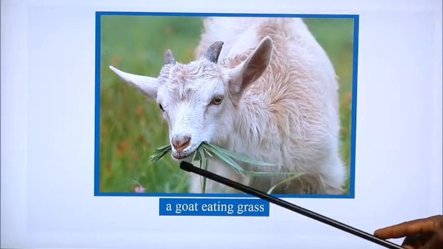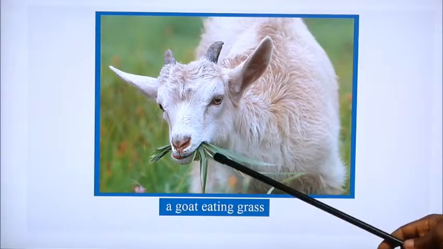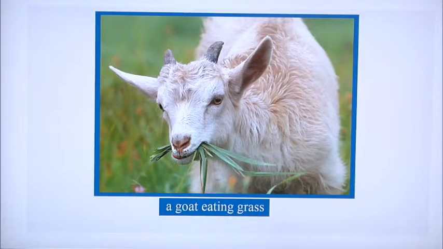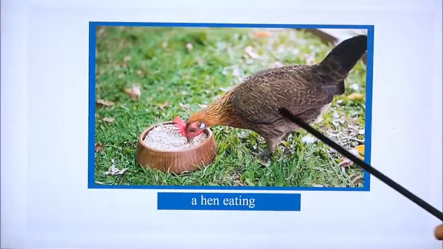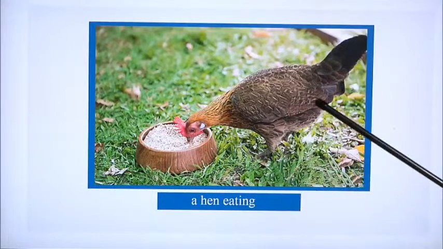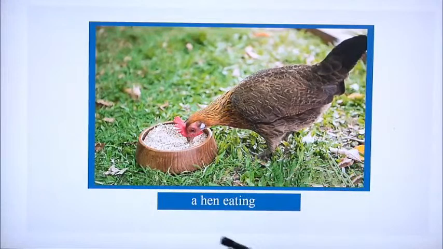Now, a goat is eating. What does it use to eat? The mouth. It picks the grass on the ground and eats it. So, a goat eating. Let's look at another picture. Learners, you can see on our screen a hen eating.